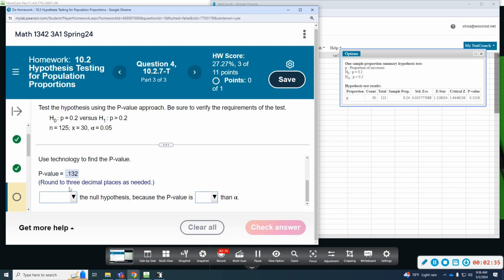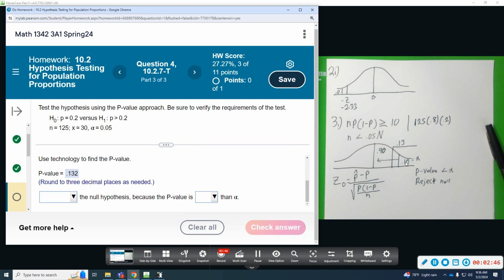The conclusion would be, since the p-value is 13% and alpha is 0.05, similar to the previous problem, the 13 is much bigger than 5, so we do not reject. We only reject when p is less than alpha. If p is bigger than this, we do not reject. So we do not reject the null because p is greater than alpha.